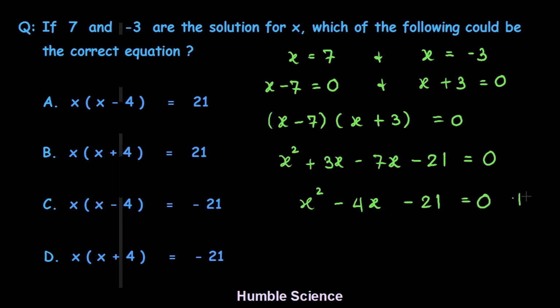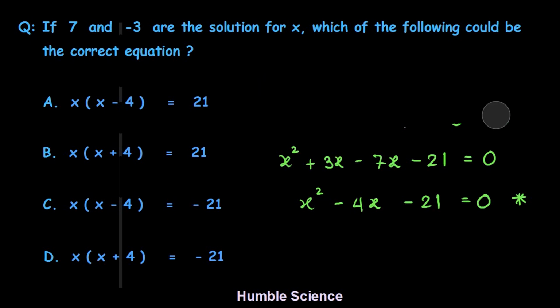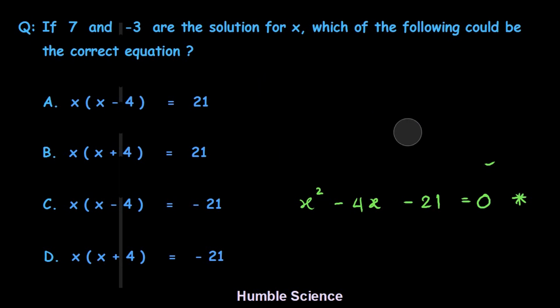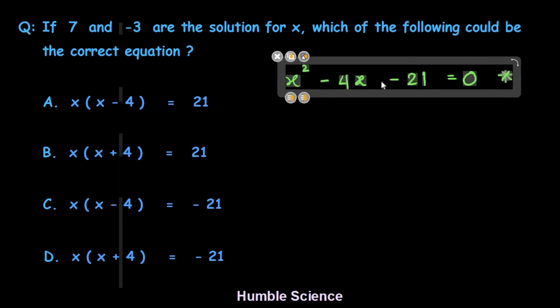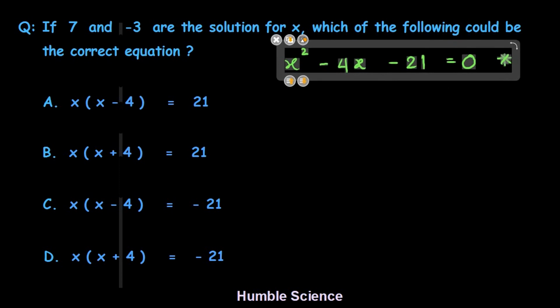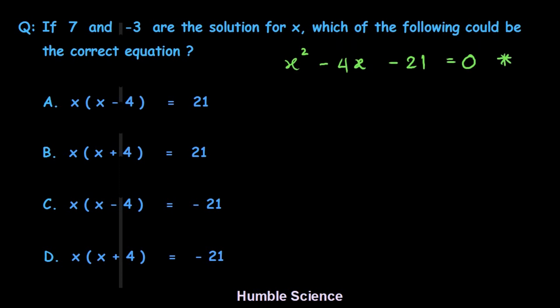So that's the equation. Now we have to check A, B, C, or D given that correct equation. So I'm going to delete this first. And now I'm going to move this up to here. And then we can check each of the multiple choices.